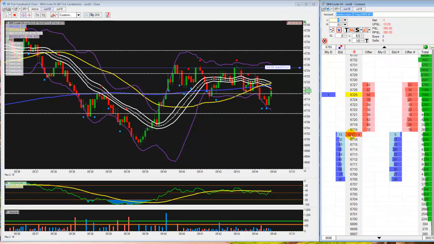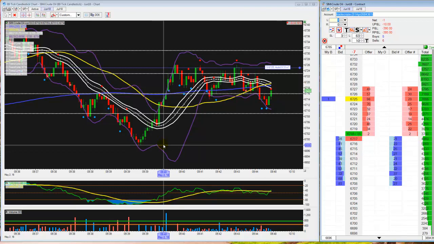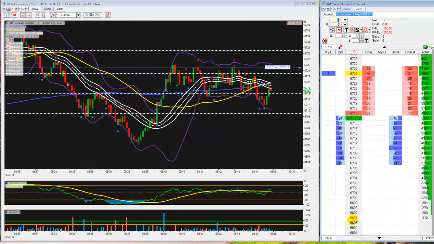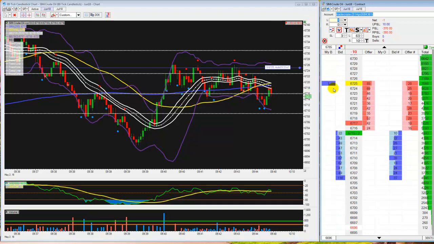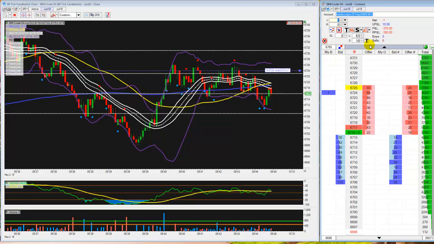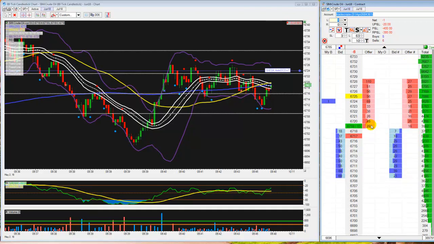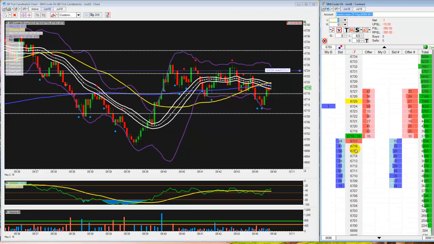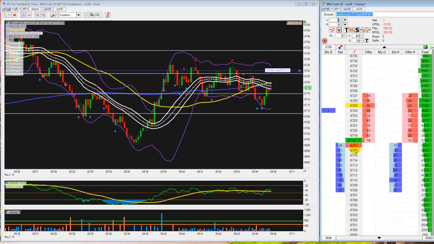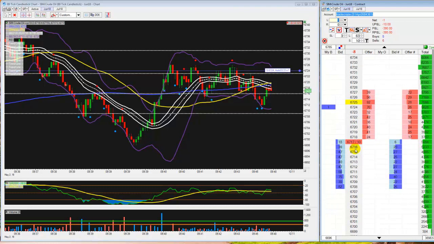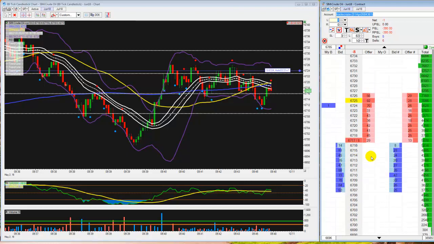67.17, a 1P target is 66.96. That's the low. We need to get through that. This will be all the loss I can take today if it hits me.